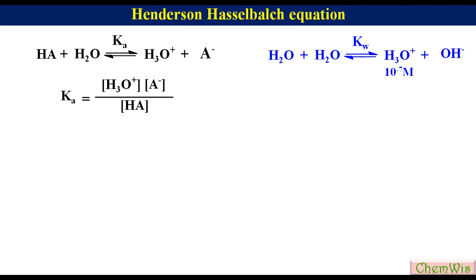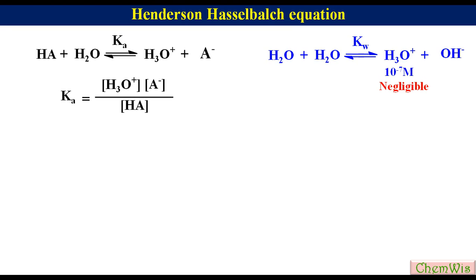Here we will make an approximation that the contribution from the autoionization of water is negligible. So whatever hydronium ion is present in the solution, it is only from the dissociation of acid.